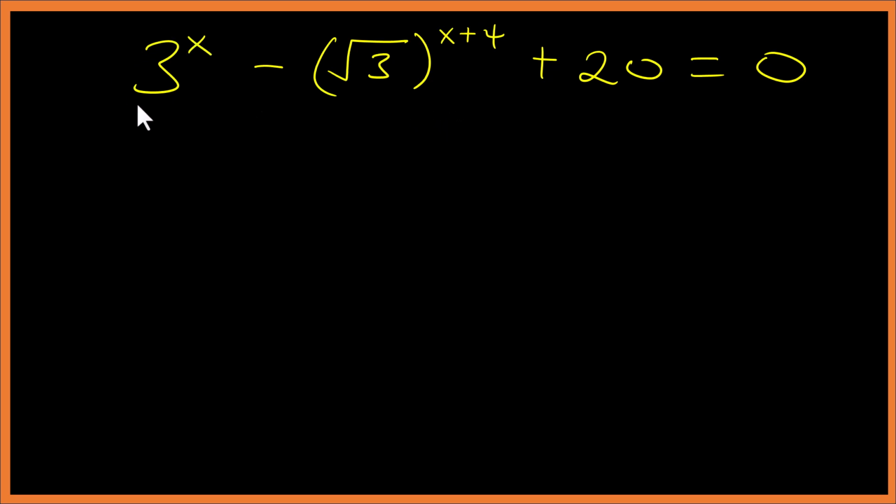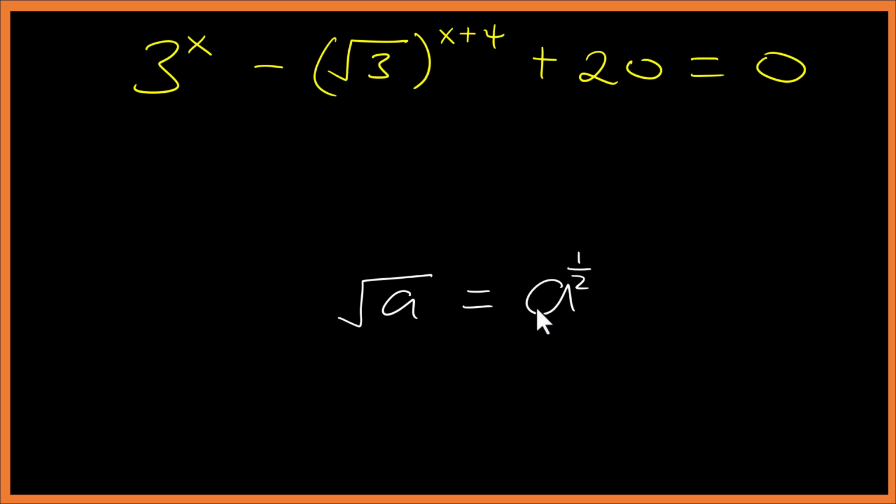Now we are given 3 to the power x minus square root of 3 raised to x plus 4, plus 20 equals 0. Now, square root of a is the same as a raised to half.